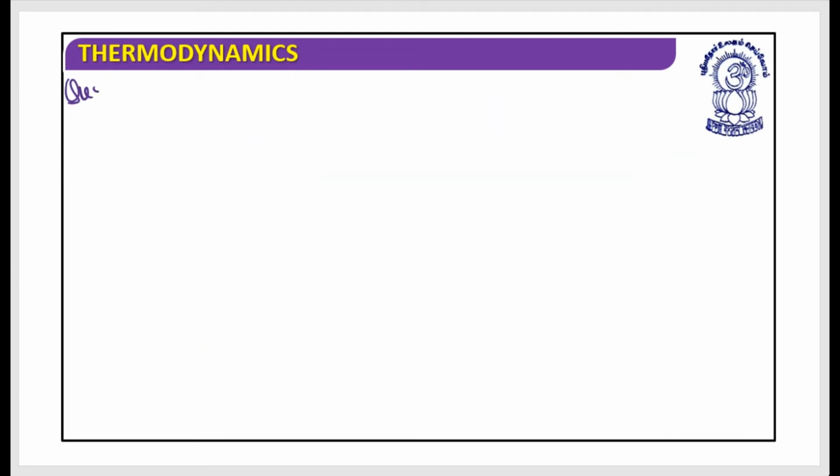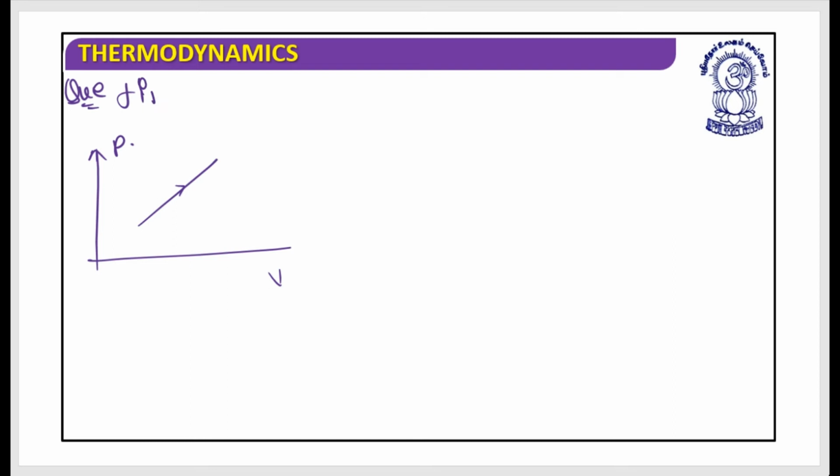Let's work on the next approach. Let's suppose this is the graph for P versus V, and this process is something like this. I need to find the work done.